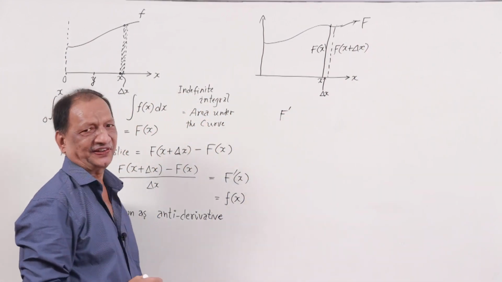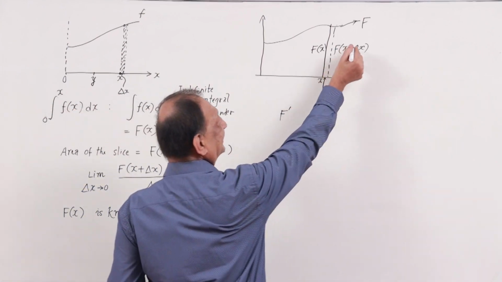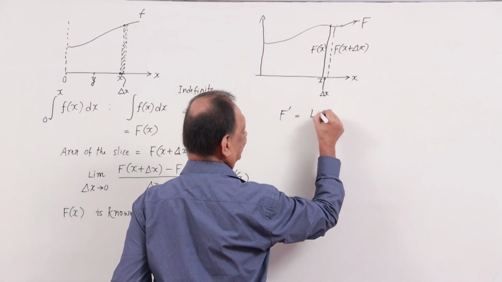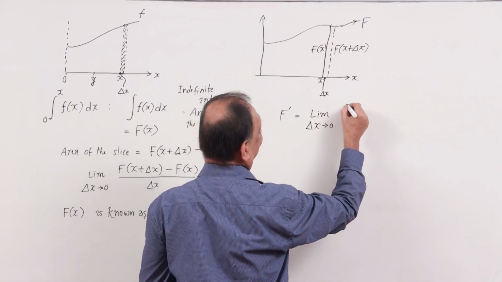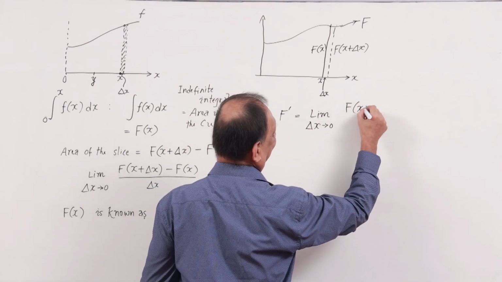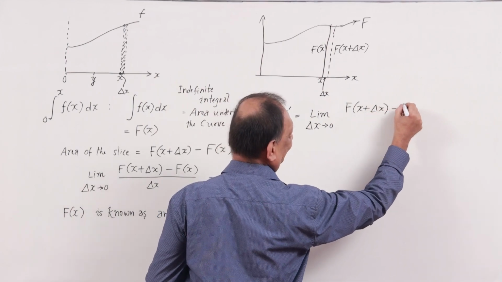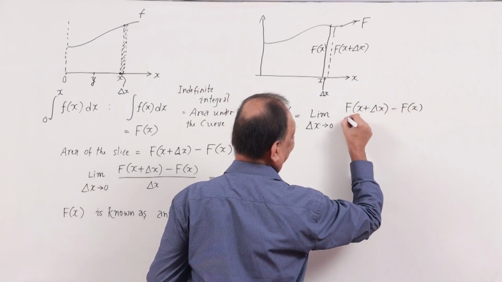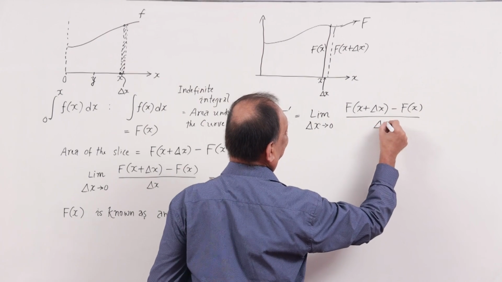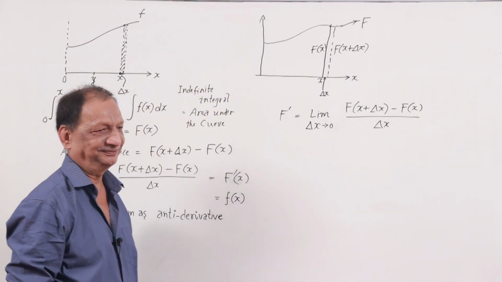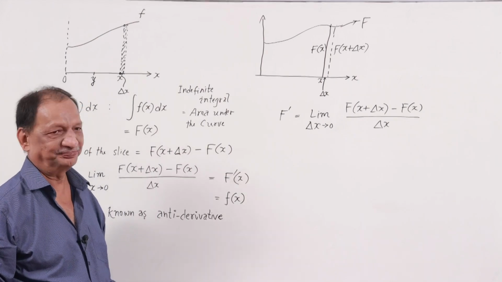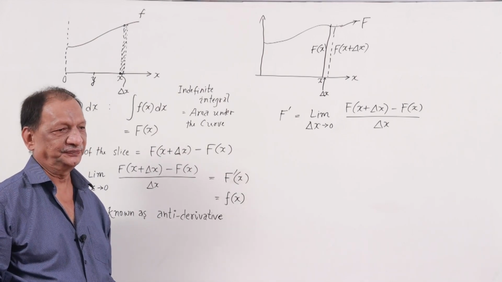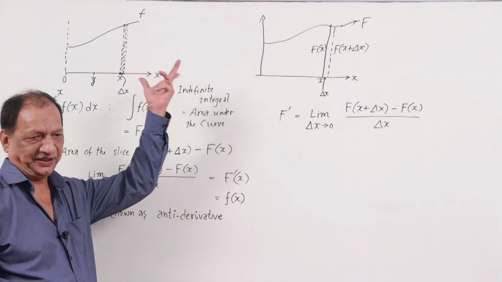It is the instantaneous rate of change. It is the limit as delta x goes to 0 of F of x plus delta x minus F of x divided by delta x. Correct? We'll get the same limit. The derivative of the area is the height of the curve.